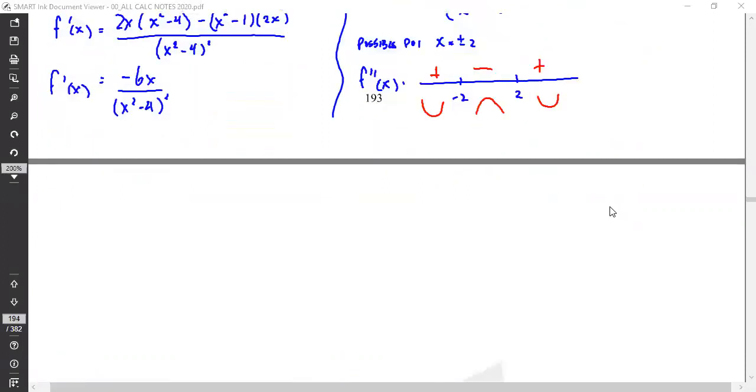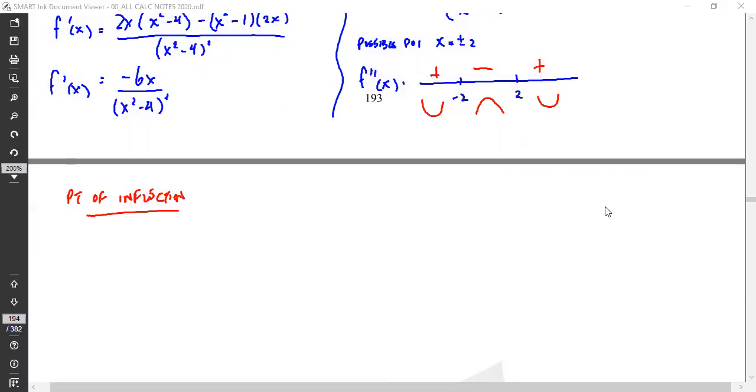All of that together, I'm going to move to the next page just because I'm starting to run out of room. Points of inflection are where our concavity changes from positive to negative or negative to positive.